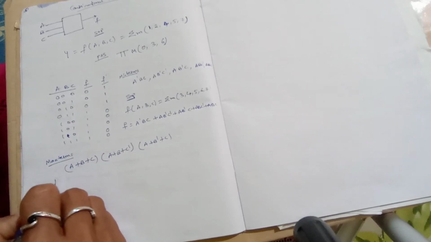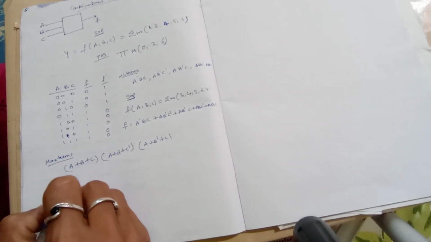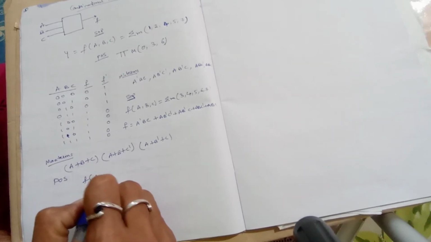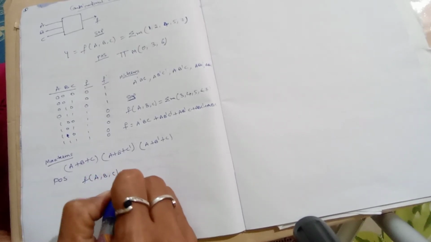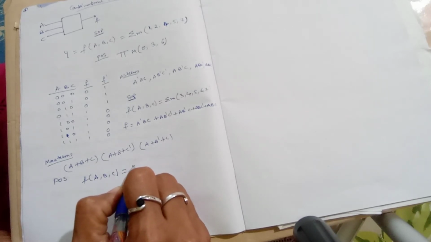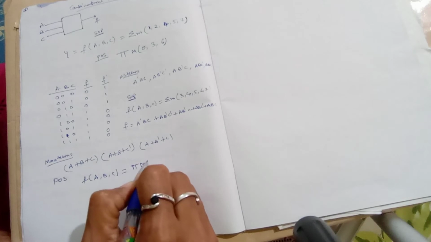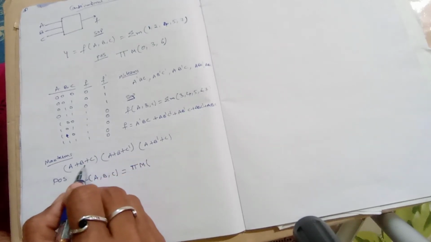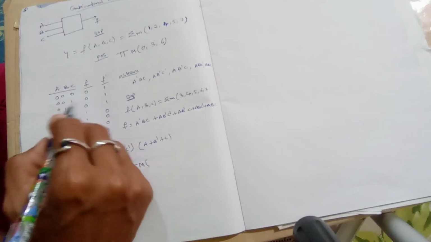Now we can write this POS as function F of A comma B comma C is equal to pi of capital M of, okay, the max terms are, this is 0, 1, 2.